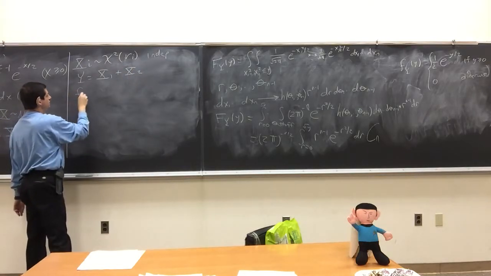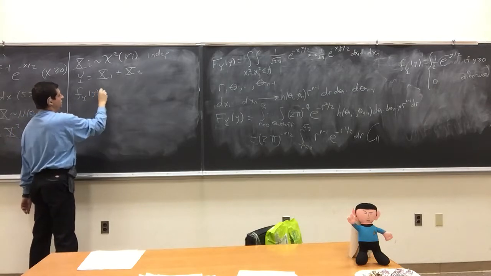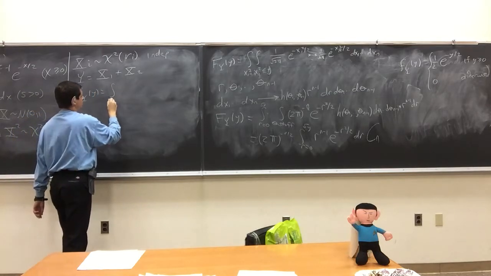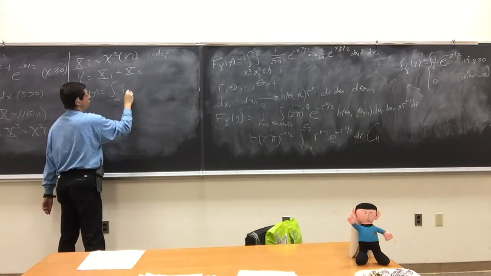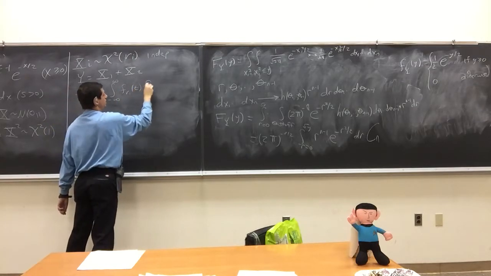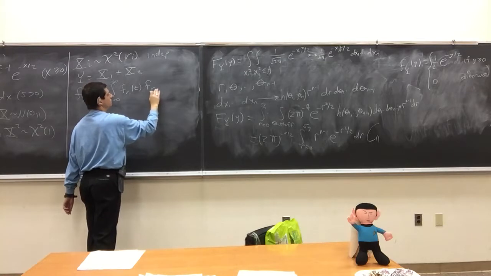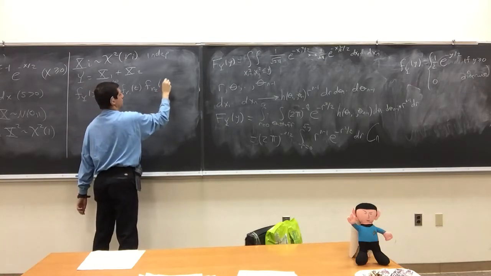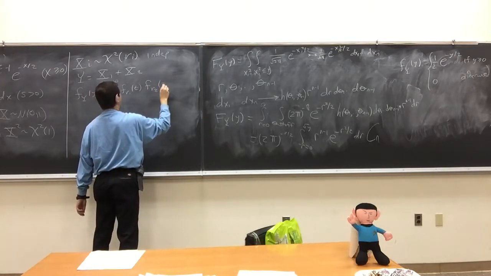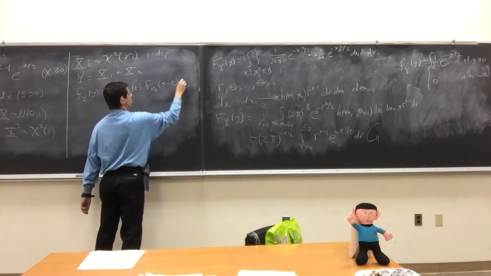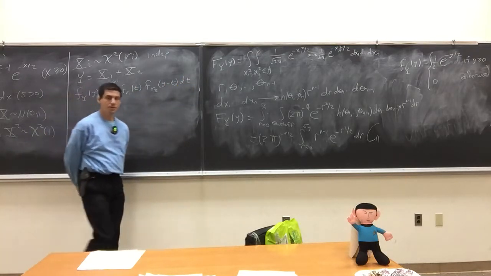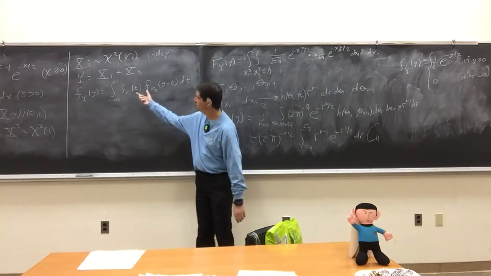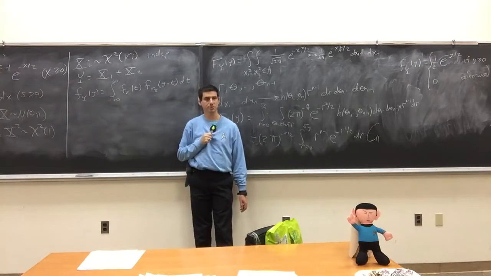So we know the density of y is the integral from minus infinity to infinity of f_nu1 of t, f_nu2 of y minus t dt. Okay? So these are the densities of my chi-squared random variables.